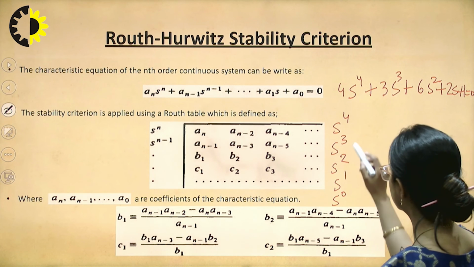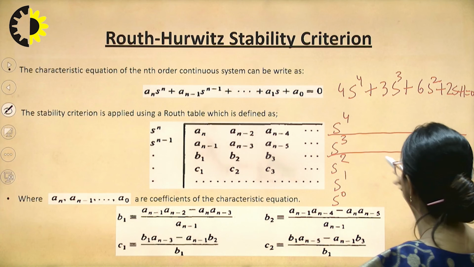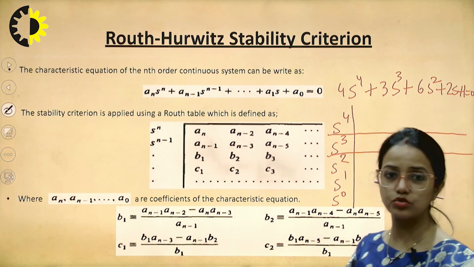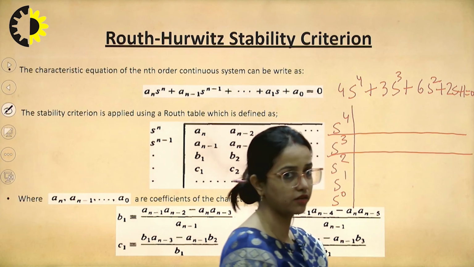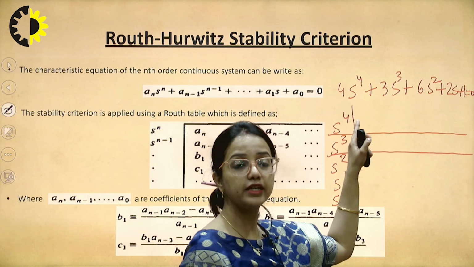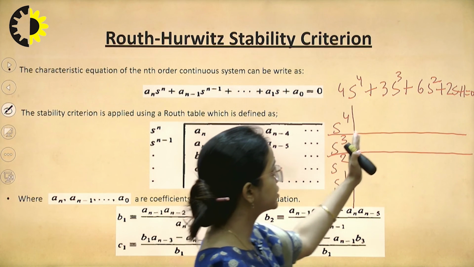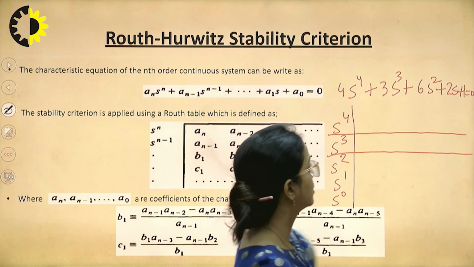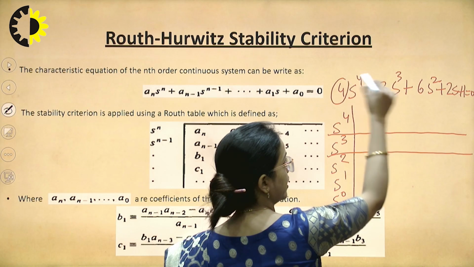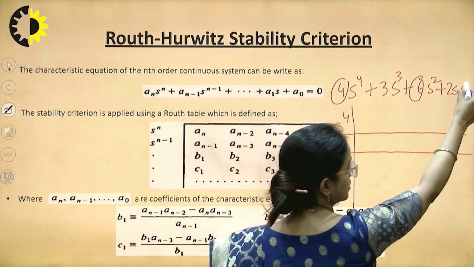So these two columns will come from the equation itself. This is s raised to the power 4. This 4 is an even power of s, so all the coefficients of even power will come. S raised to the power 4 is even, s raised to the power 2 is even, s raised to the power 0 is even.